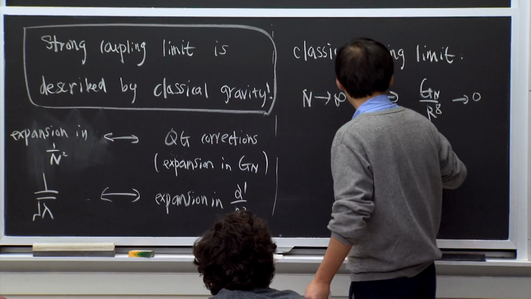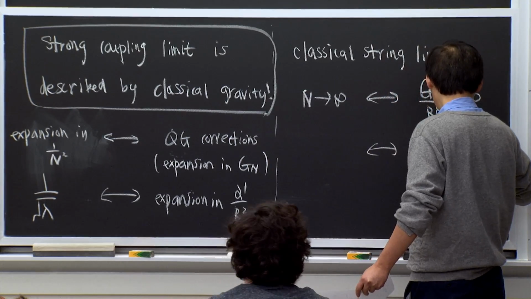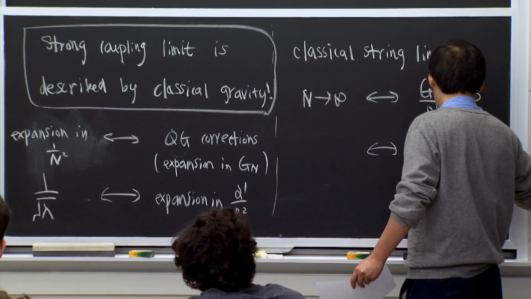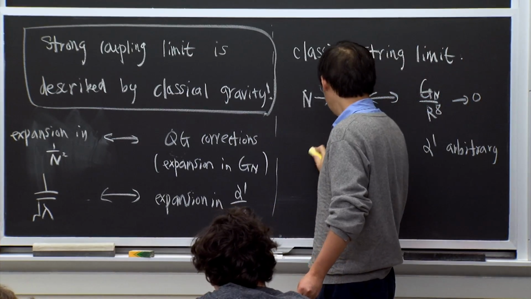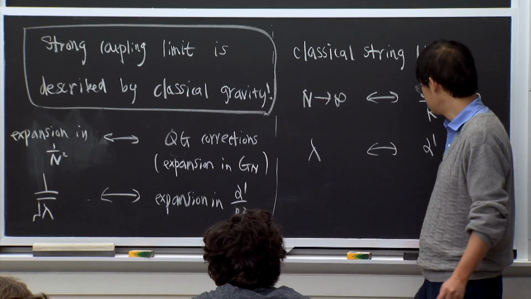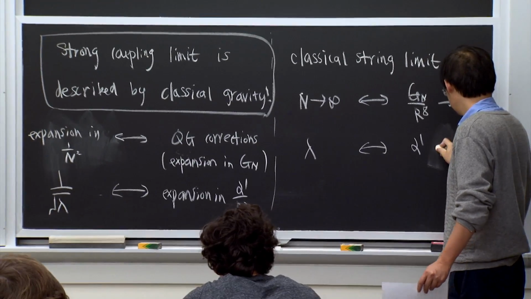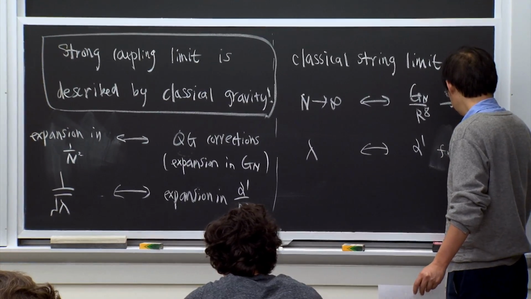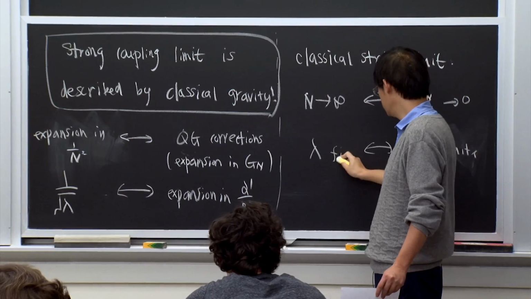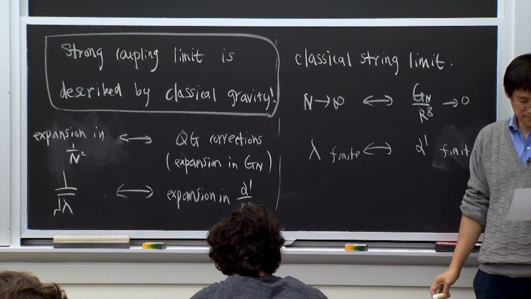But here, the alpha prime can be arbitrary, finite, no longer 0, and the 't Hooft coupling lambda can be arbitrary, finite, no longer infinite.